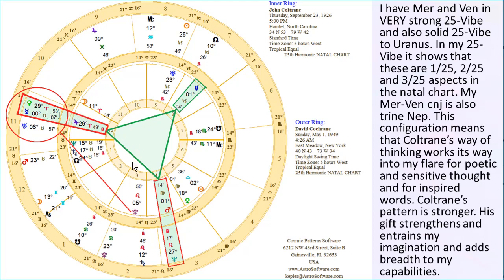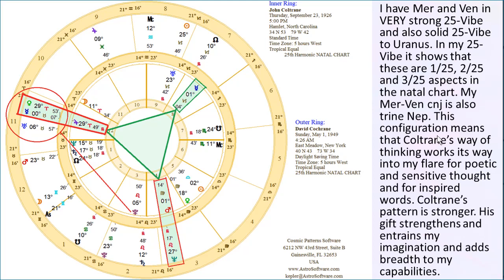This part of my chart is not one of the biggest things in my life. It's one of the biggest things in Coltrane's life, building and developing the specific connections. It's like the synapses are being developed and triggered and organized according to these influences in our lives.